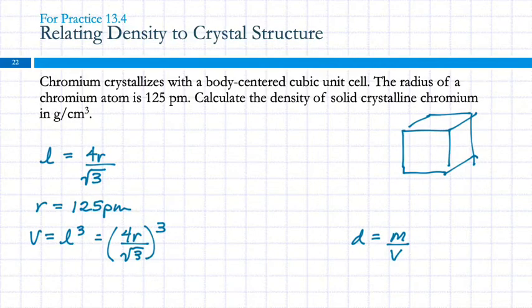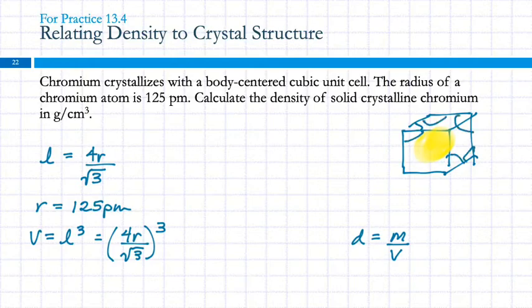What's the mass of this? How many atoms are in that unit cell? 2. The body-centered, there's one in the middle, right? There's one atom in the middle, and then we've got atoms at the corners.